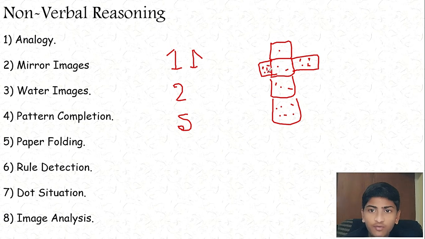If we fold this in the form of a die, which will be on the top or which will be to the left of 2, like that they'll ask. Next, image analysis. They'll give different images and we should analyze the image and find the answer.